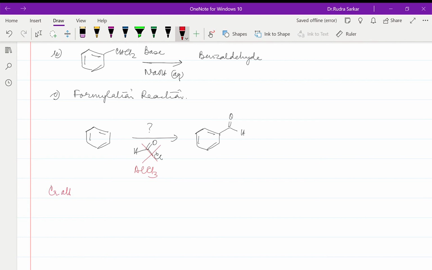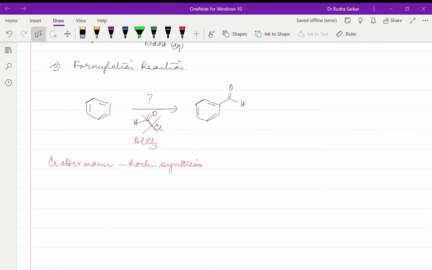One pathway is to use the Gattermann-Koch synthesis. So this will give us one of the formylation procedures in which the benzene, or any alkyl benzene, is treated with carbon monoxide in the presence of HCl and AlCl3, wherein carbon monoxide and HCl combine to produce the formyl chloride in situ, which is as follows.